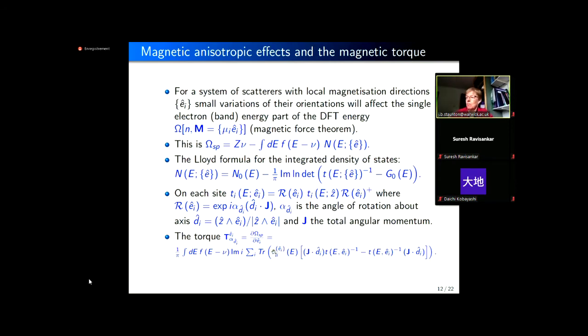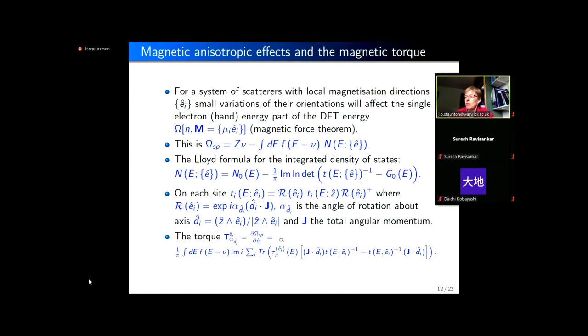So it's the diagonal scattering path operator on the site which we're rotating, multiplied by a matrix element involving the T matrix that you're rotating along its original direction, multiplied by a matrix involving the scalar product of the total angular momentum with this axis about which you're rotating. And one has to think about the commutator of that. And that's what you deal with.